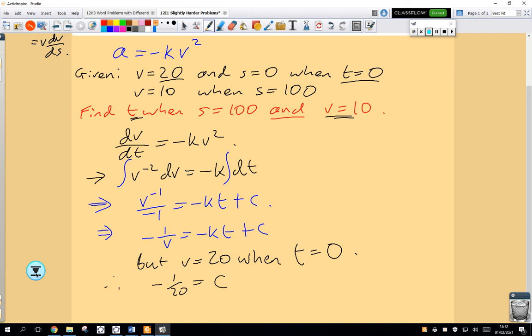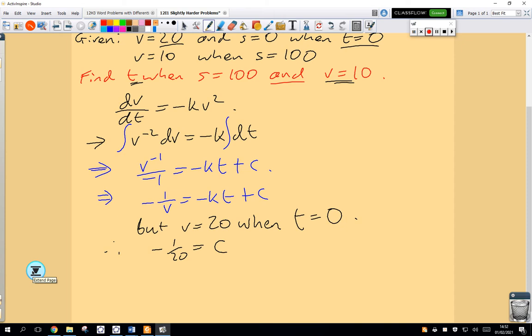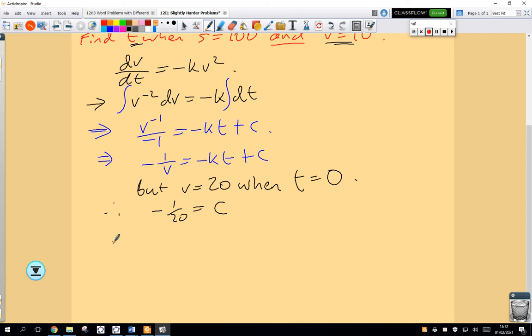So I can come up with my particular solution. And again, let me just remind you that that's in terms of t. Therefore, negative 1 over v is going to equal negative kt minus 1 over 20. Solving for kt, k times t is going to be adding 1 over v to both sides: 1 over v minus 1 over 20.